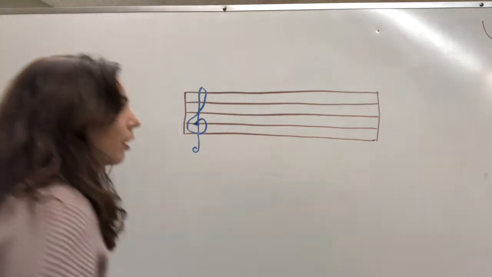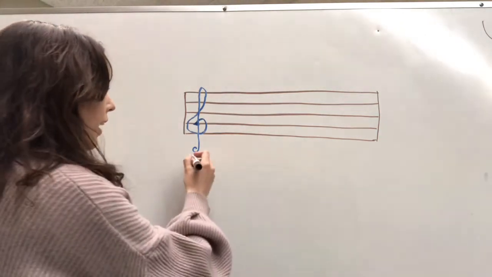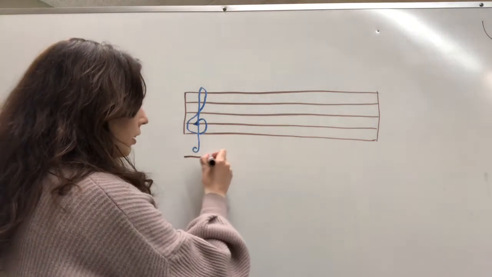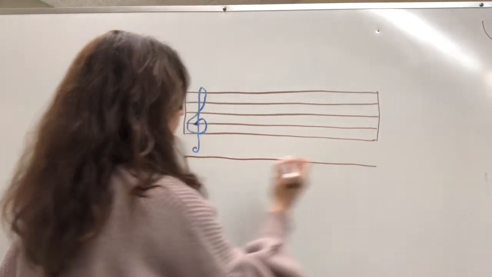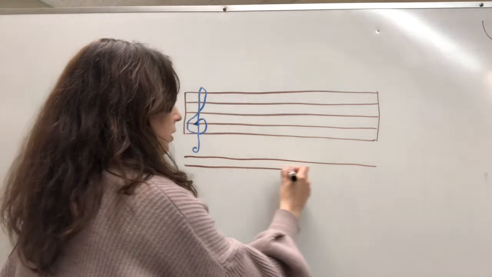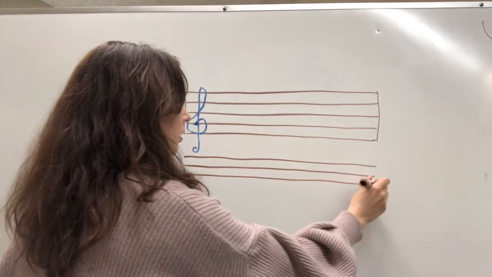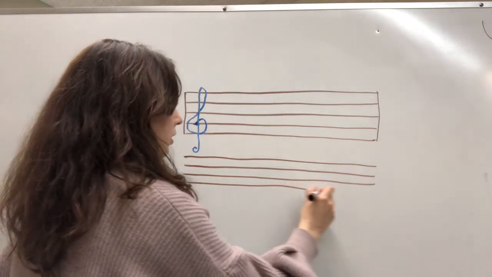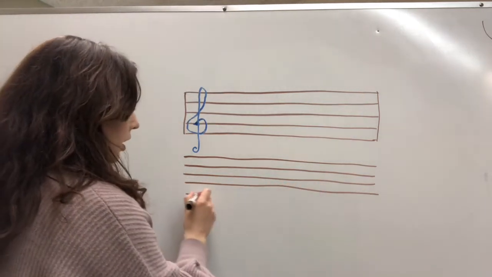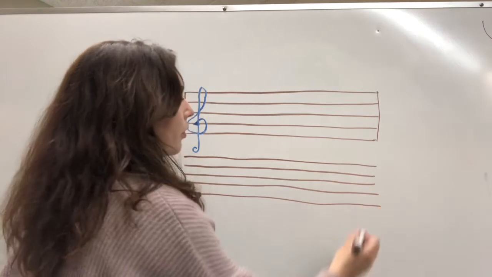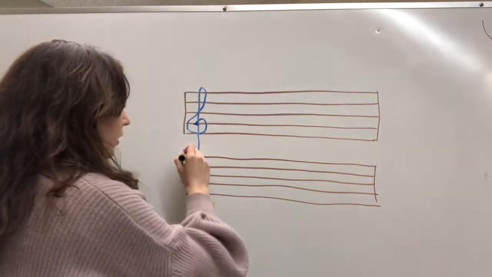Now we're going to draw our bass clef staff. So we'll draw 5 lines for that. 1, 2, 3, 4, and 5. Oh, not very straight, but that's okay.